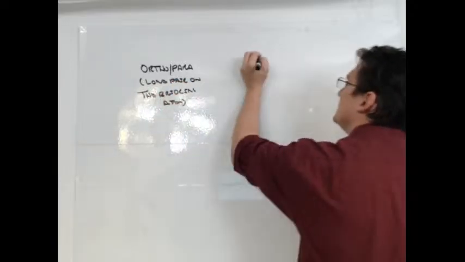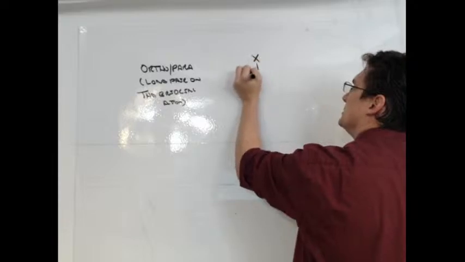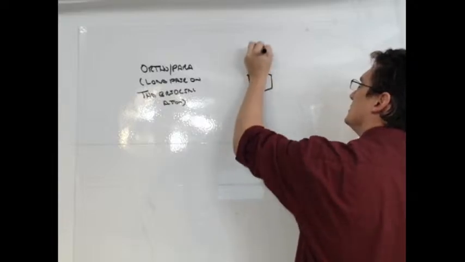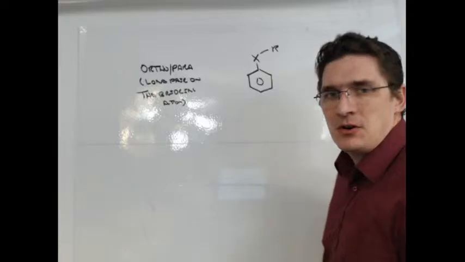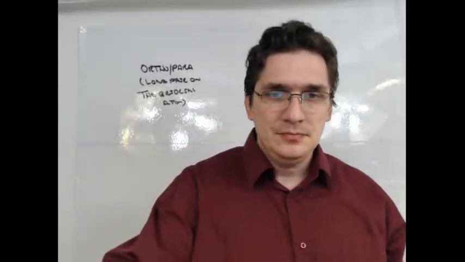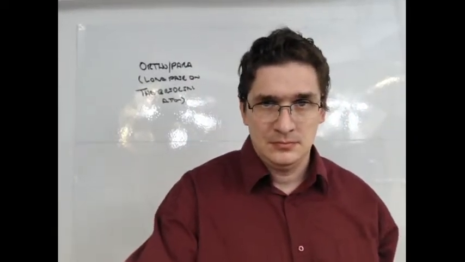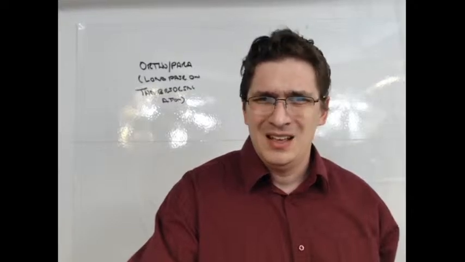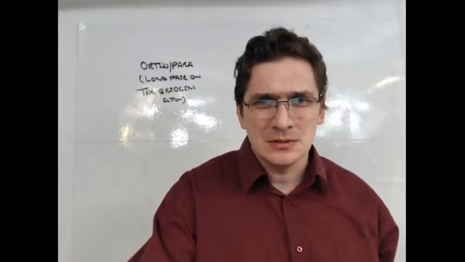So let's say we're going to make X our bridging atom here, and potentially there is an R connected off of it. Wow, this is actually really confusing.